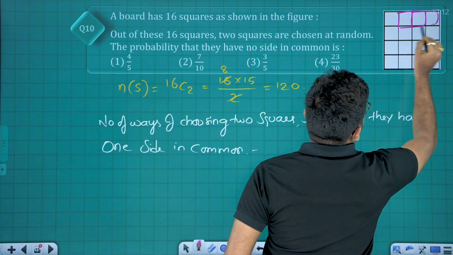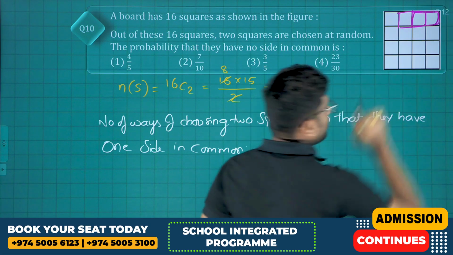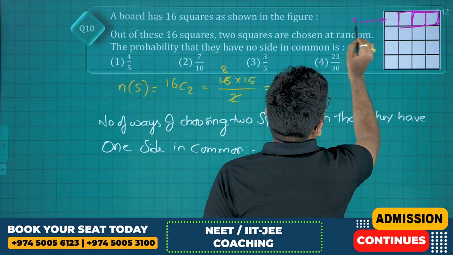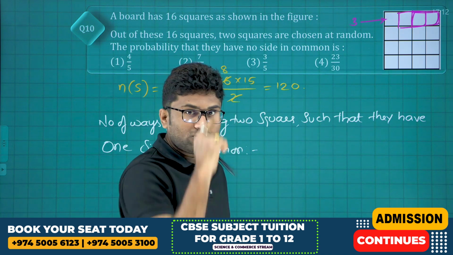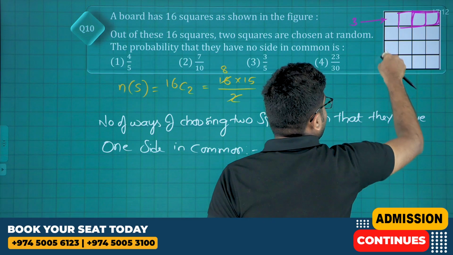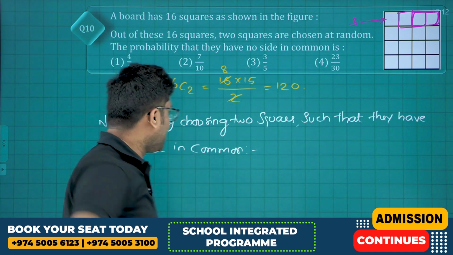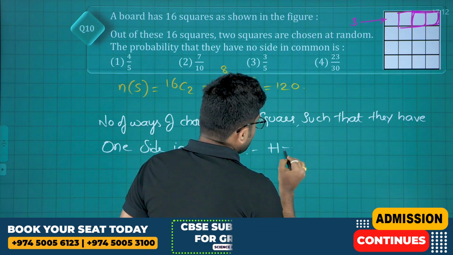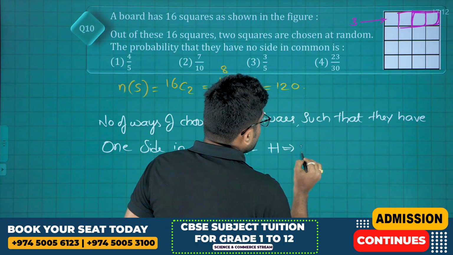In the same way, if I select these 2, this side will be common. So in each row, I have 3 possibilities. So 3 plus 3 plus 3 plus 3. Horizontally, with 4 rows, 3 4s are 12 ways.